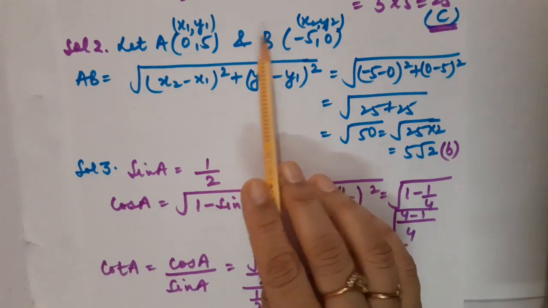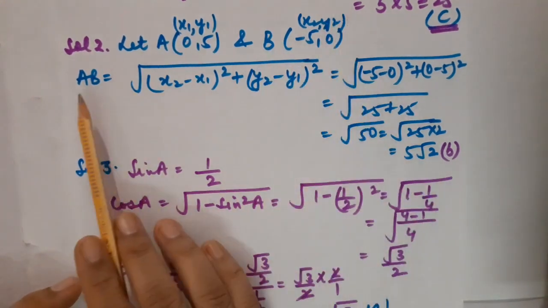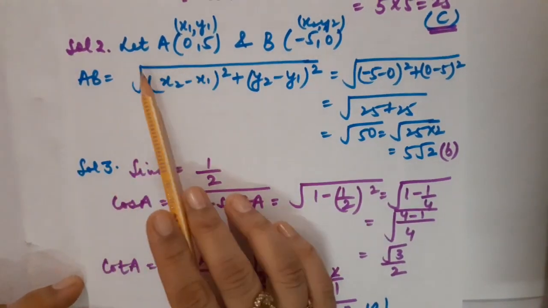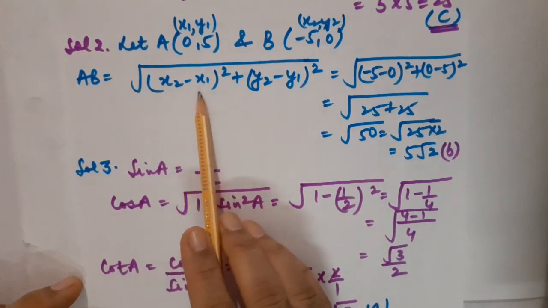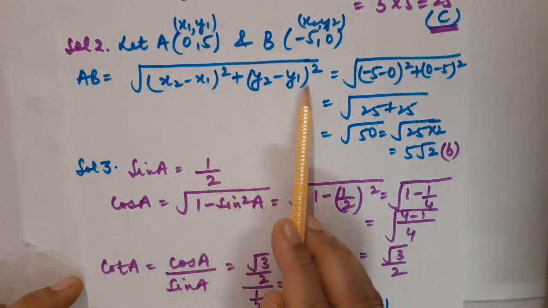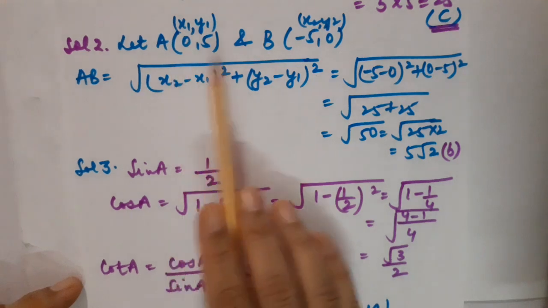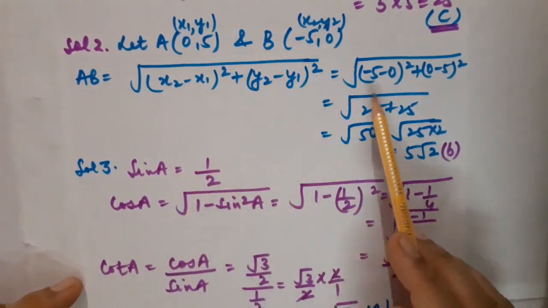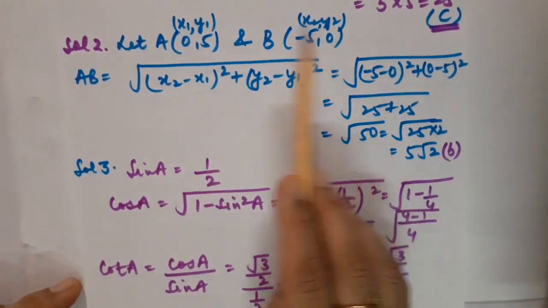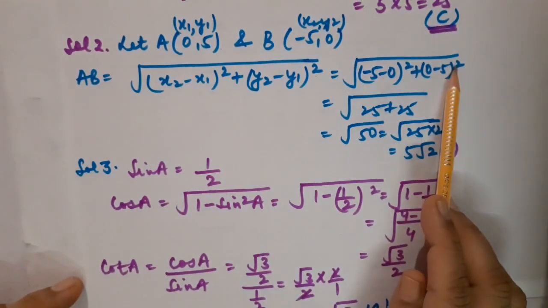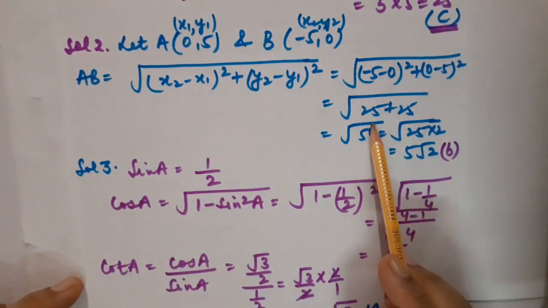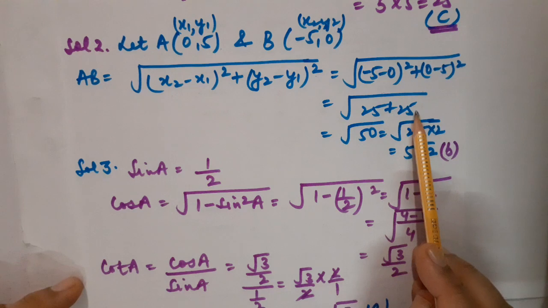As we have to calculate the distance between them, AB is equal to the whole under root of (x2 minus x1) whole square plus (y2 minus y1) whole square. That is (minus 5 minus 0) whole square plus (0 minus 5) whole square. Minus 5 square will be 25. Here also it will be 25.